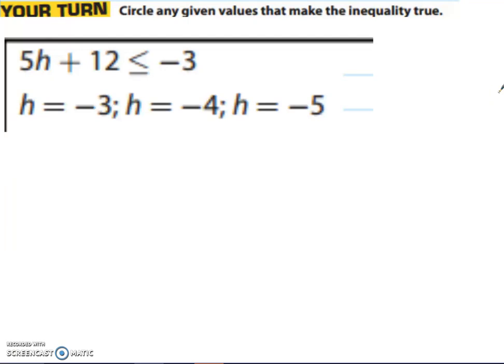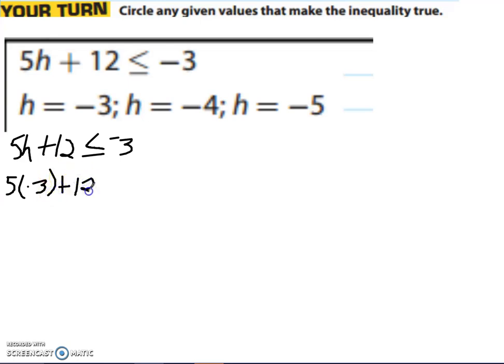Okay, on the last one, we have the same thing. We have 5h plus 12 is less than or equal to negative 3. So we say 5 times negative 3 plus 12 is less than or equal to negative 3.